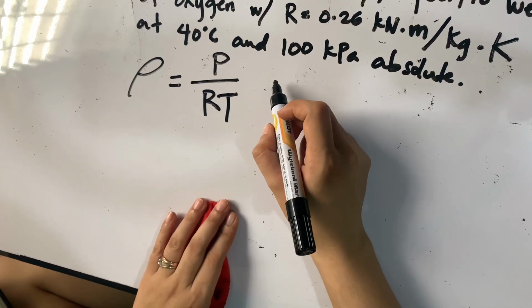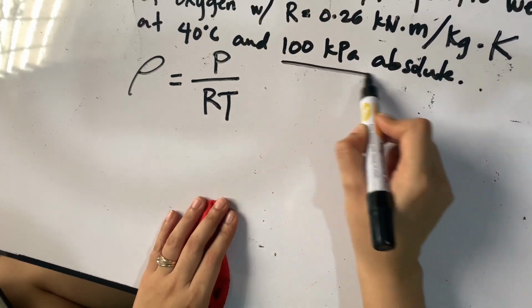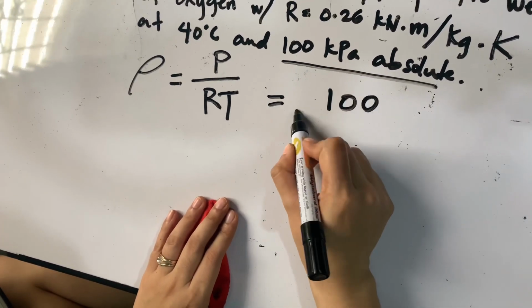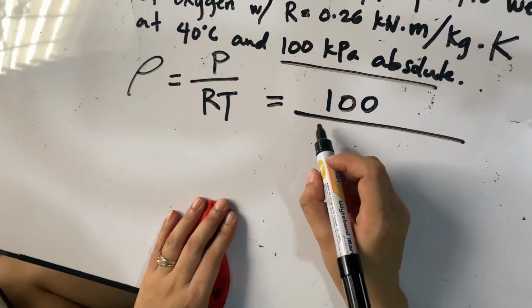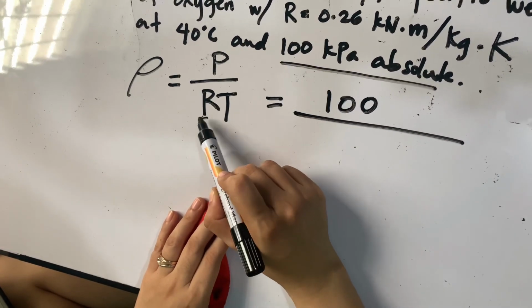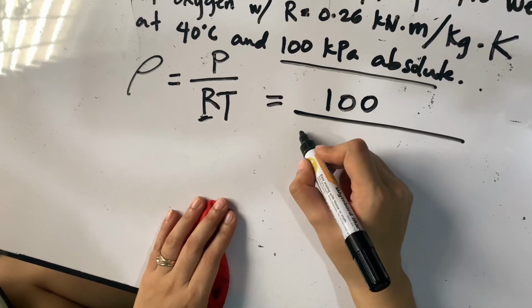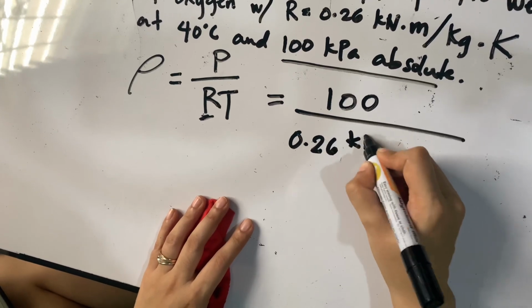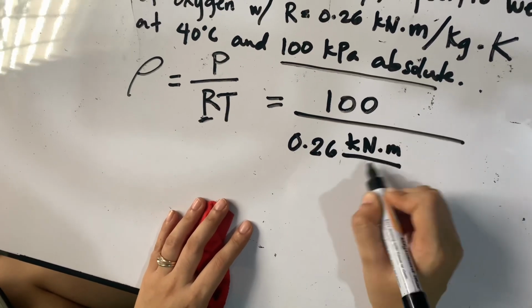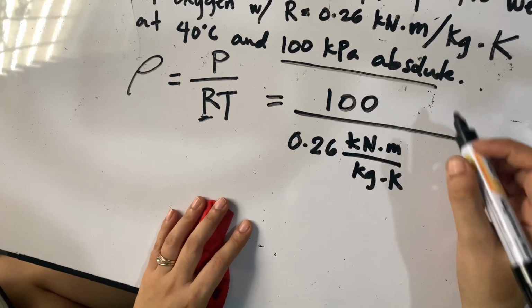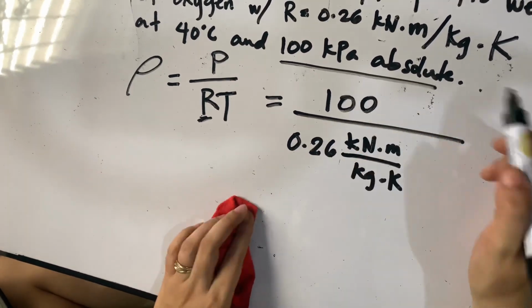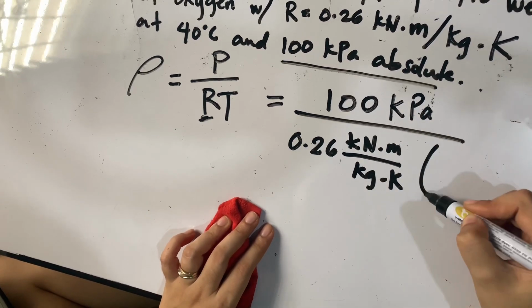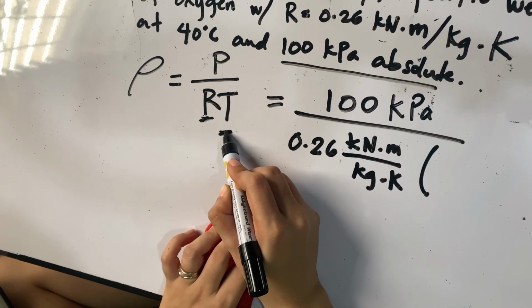We already have the absolute pressure, 100 kPa, all over the gas constant R, which is 0.26 kilonewton meter per kilogram Kelvin, times the absolute temperature.